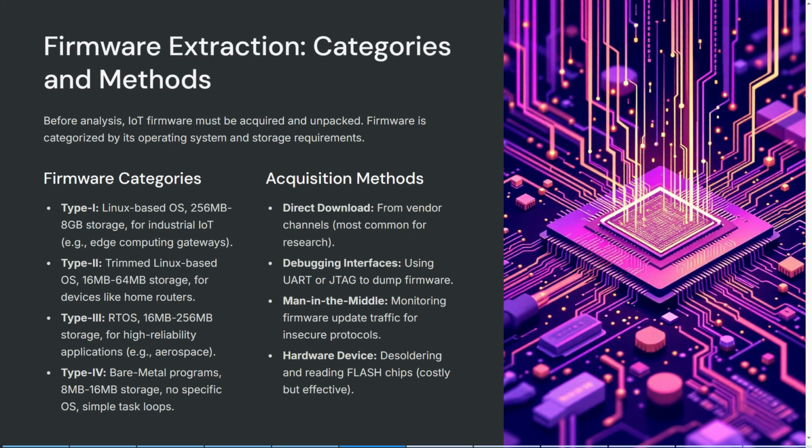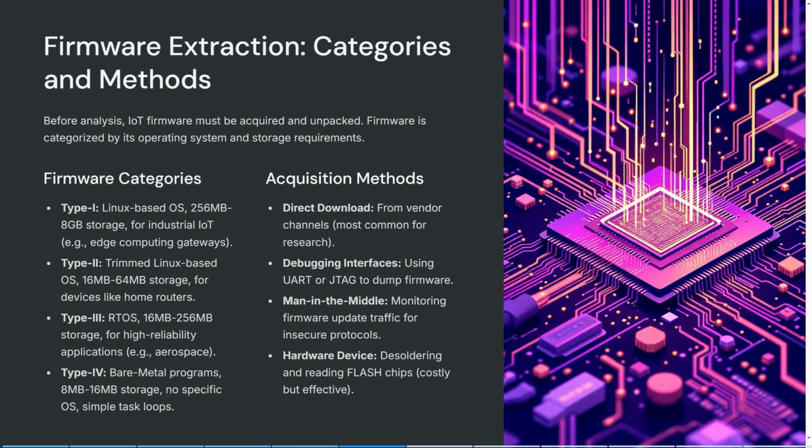The first one is direct download. So for example, if a firmware from a device is publicly on the internet or from vendor channels, we can simply download that and use it for our debugging. The second way is debugging interfaces. If a device has a UART or JTAG that we can use to dump the firmware, we can use this as well.